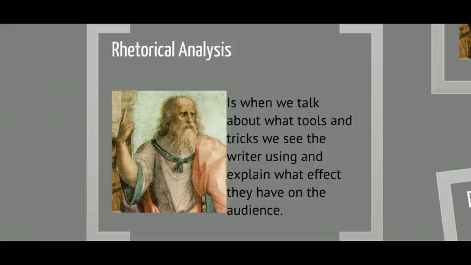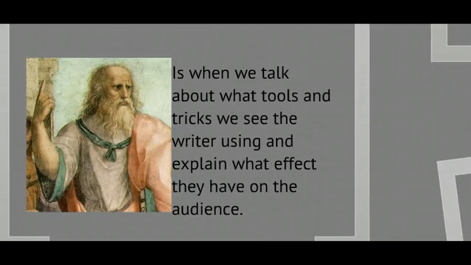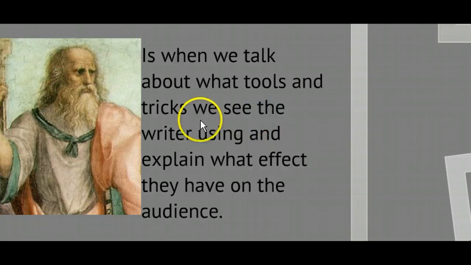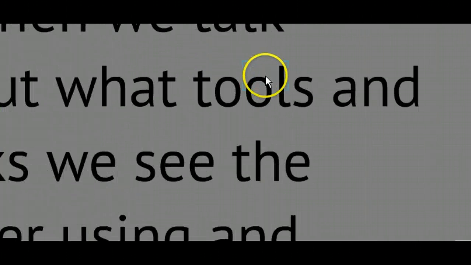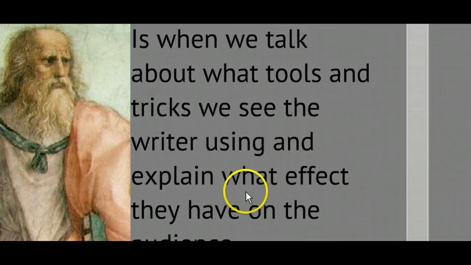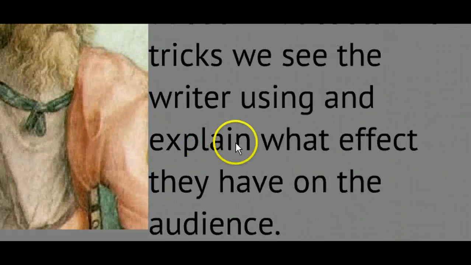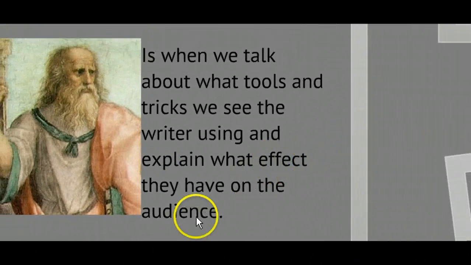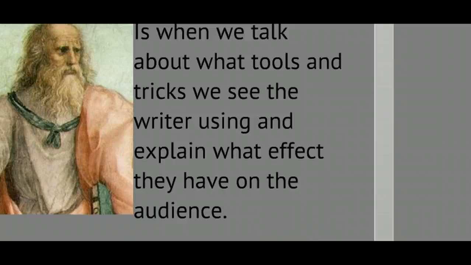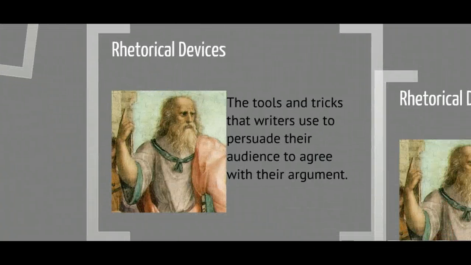So, therefore, a rhetorical analysis is when we talk about what tools and tricks we see the writer using and explain what effect they have on the audience. So, it's when we write about the tools and the tricks or the rhetorical strategies that we see the writer using. And then the next part of that is explaining how they affected the audience.